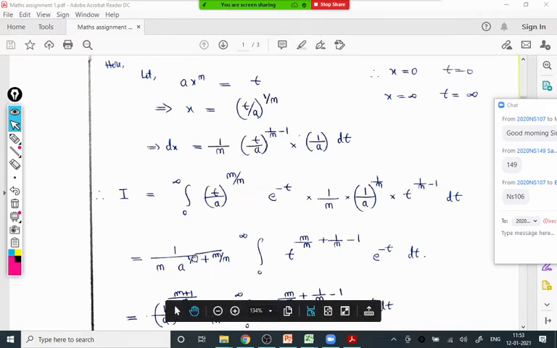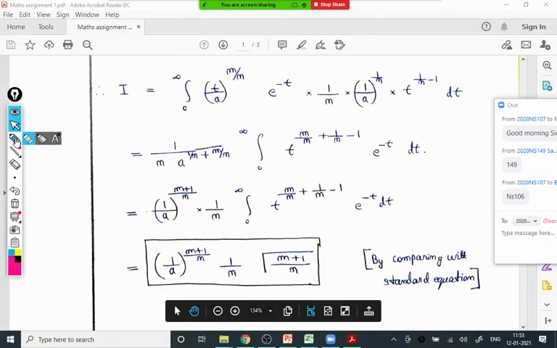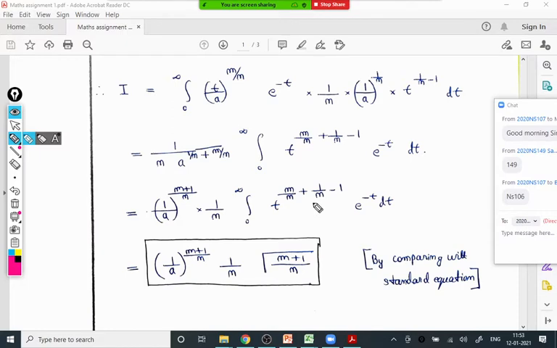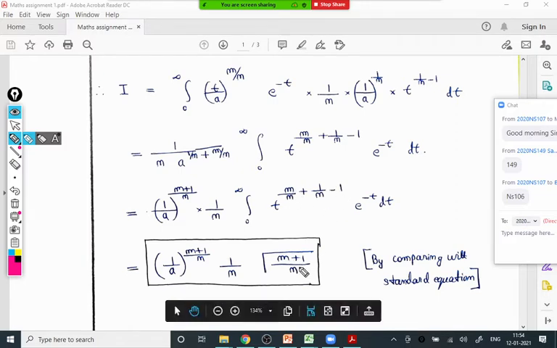This step is also correct. Next, he simplified the power and directly wrote the answer. Because this is m plus 1 upon n and here is minus 1, it is gamma of m plus 1 upon n. That's good, and you got the correct answer.